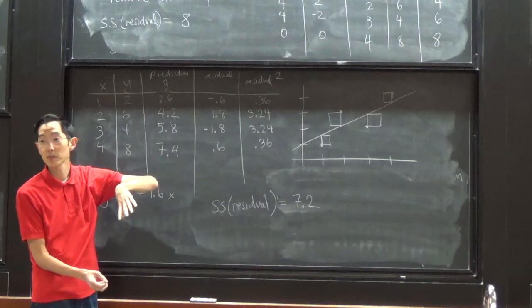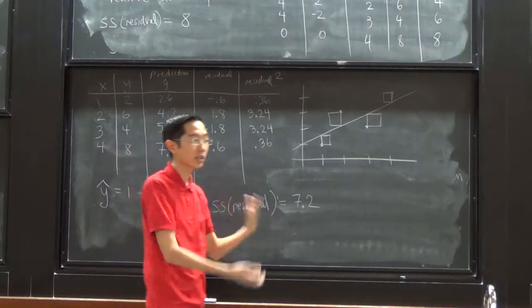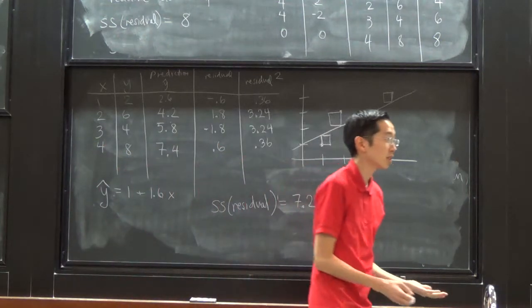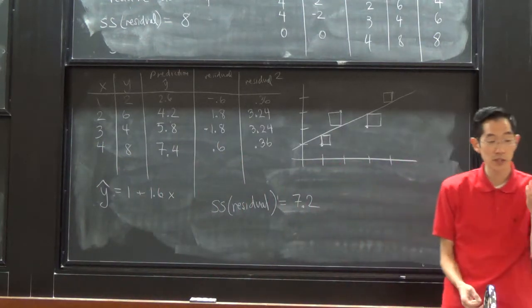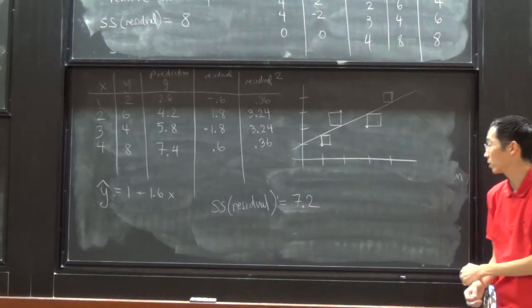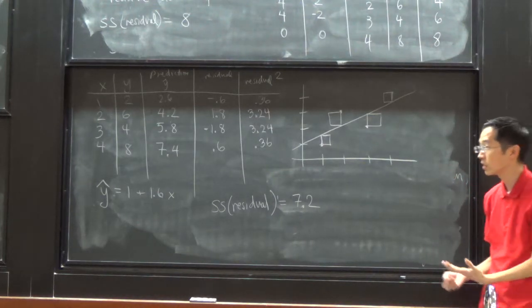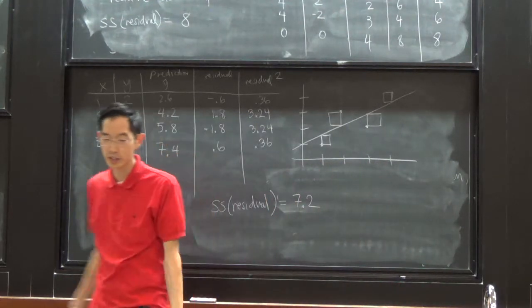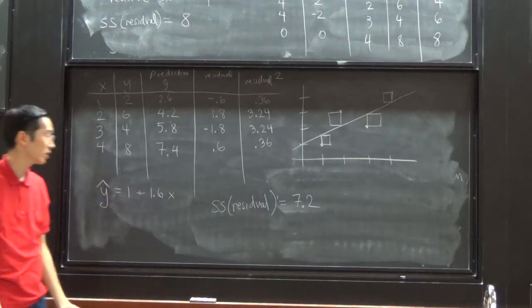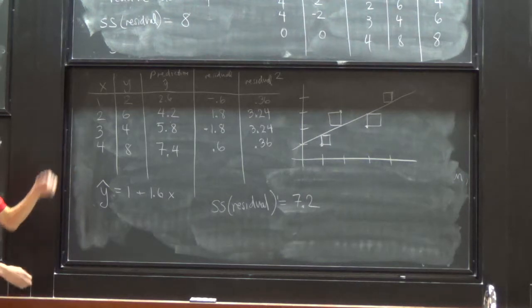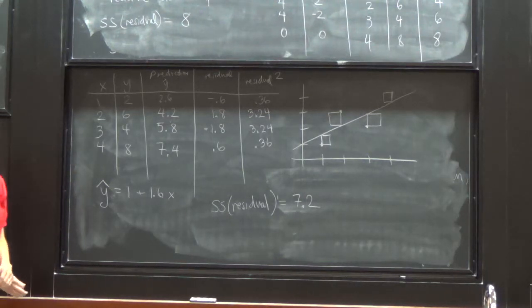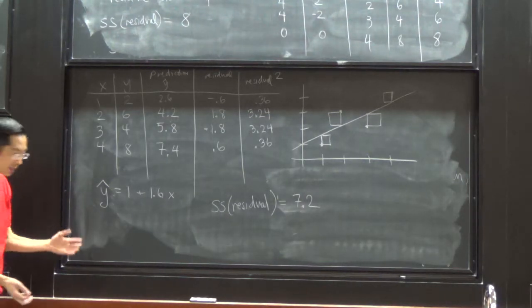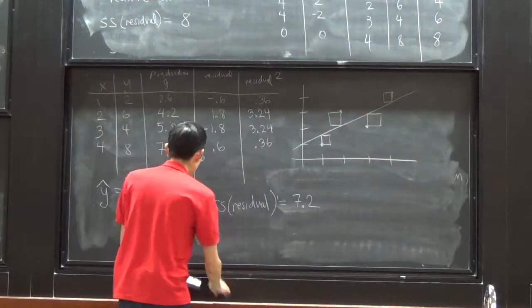Is that okay? Alright, so we get an idea of how to evaluate whether a line is a good fit or not, but we haven't talked about figuring out what line is the best fitting line. Well, other people figured that out for you guys, so you don't have to worry about figuring it out.